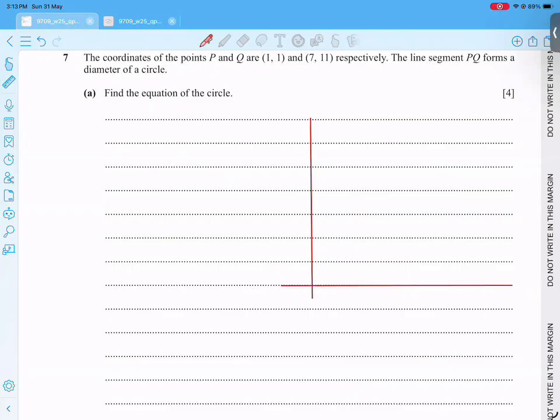So where's 1, 1? Approximately here. Where's 7, 11? So 1, 2, 3, 4, 5, 6, 7, and 11 somewhere up. So you can say that it may be here approximately. He mentioned that both are diameter endpoints, so I will make a rough diagram.